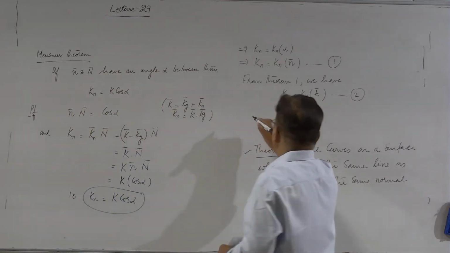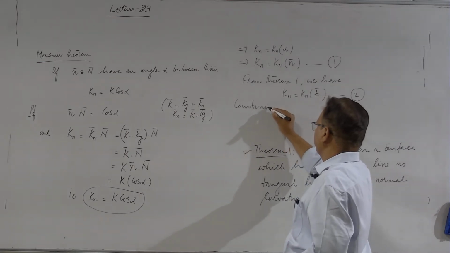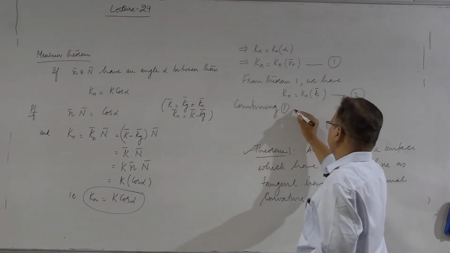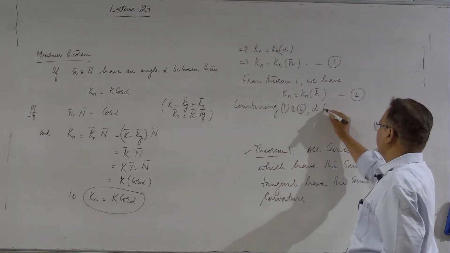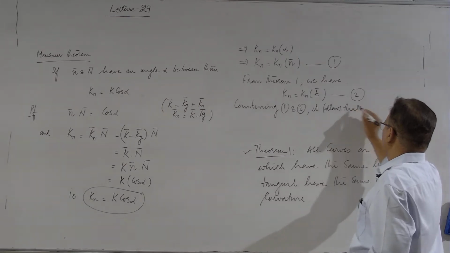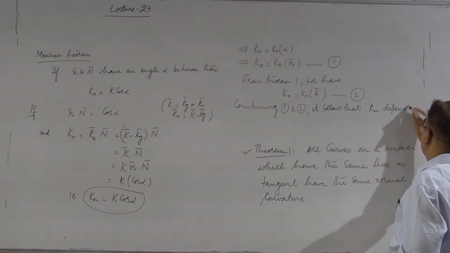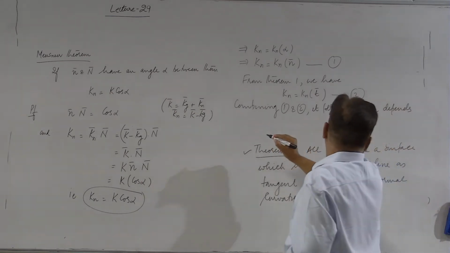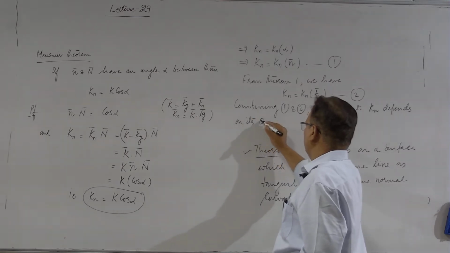So, combining 1 and 2, it follows that Kn depends on its osculating plane.